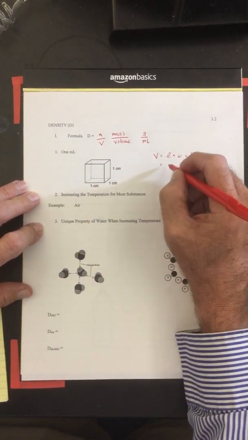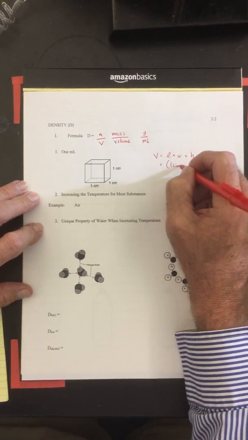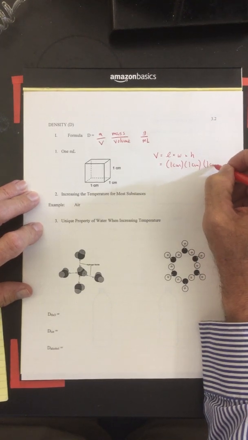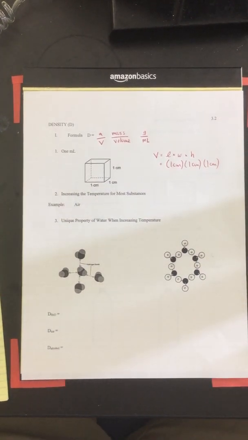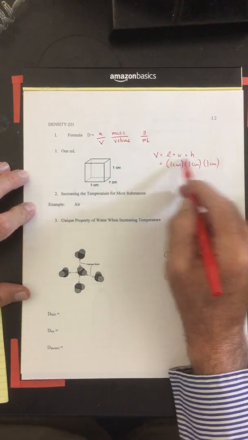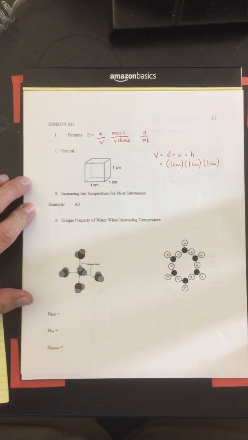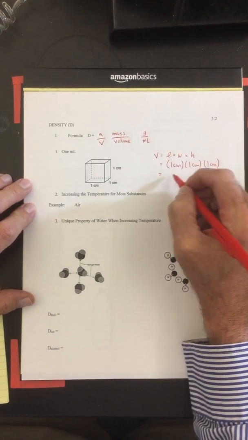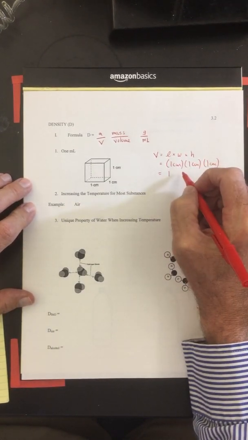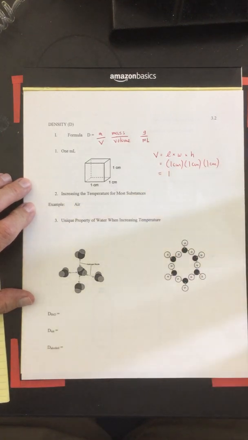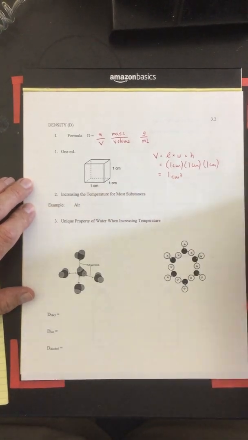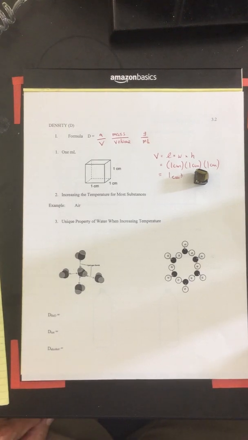We multiply those values together, and we get 1 centimeter by 1 centimeter by 1 centimeter. We can calculate the volume of any regular object using this formula here of length times width times height. When we multiply that out, we multiply the numbers, which is 1 times 1 times 1. We also multiply the units, centimeters times centimeters times centimeters. That doesn't give me 3 centimeters, it gives me centimeters cubed. So what I have in this box is 1 cubic centimeter.